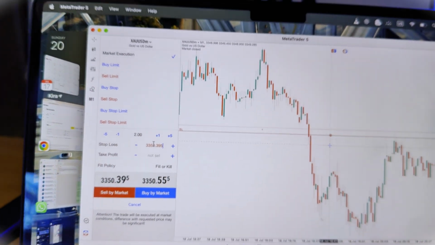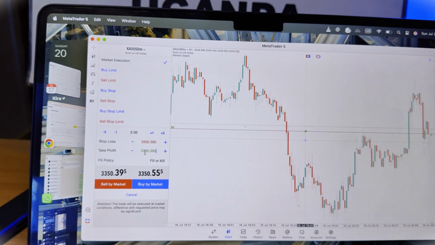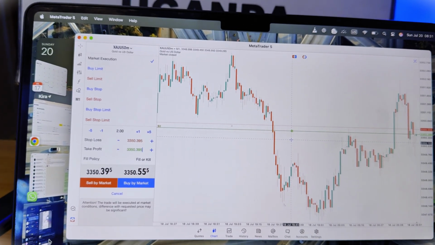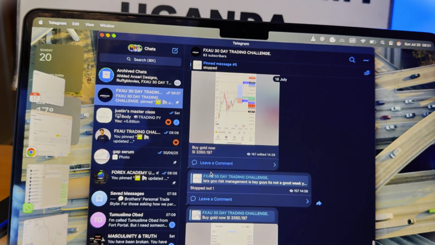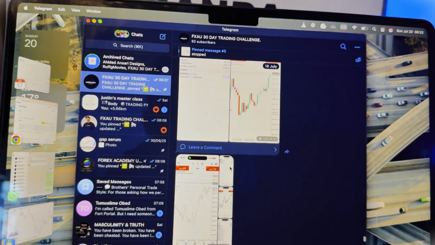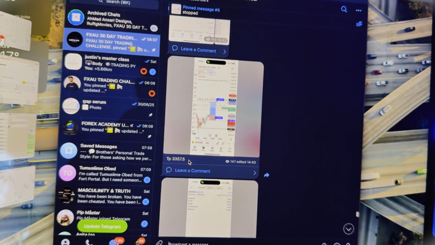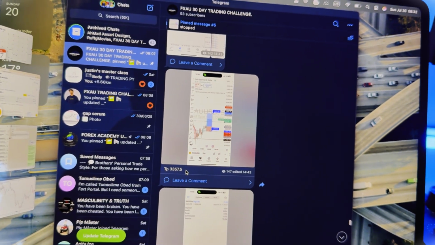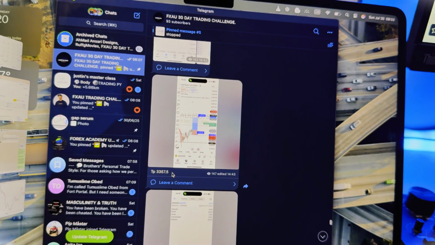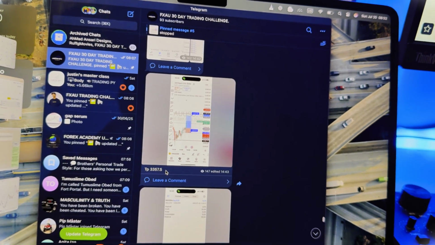You can put your stop loss and your TP as well. The numbers I first give you your stop loss, and then later on I update the TP, because I don't want us to panic placing TP, just in case it's a pending order or it's just a market execution.